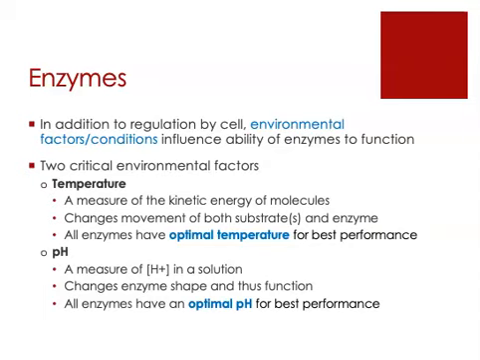And depending on how much hydrogen ion is sticking to those enzymes, that may or may not cause the enzyme to change shape in a way that either makes it more active or less active. Remember, anytime you stick something onto a protein, you're going to cause that protein to change shape. All enzymes have an optimal pH for their best performance.